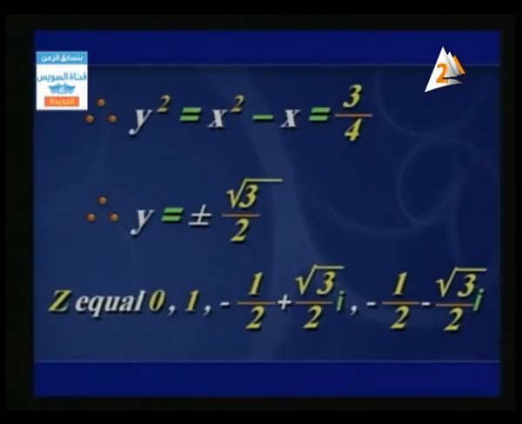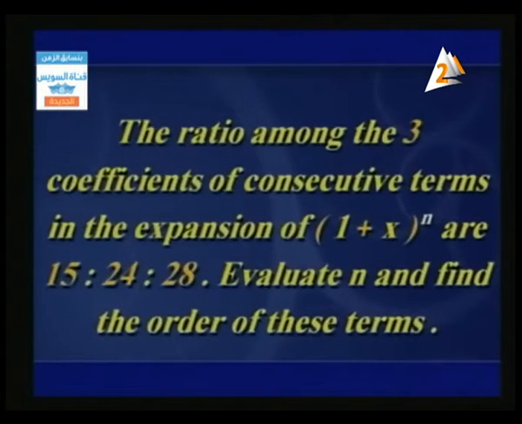Now, let's go to another example. The ratio among the three coefficients of consecutive terms in the expansion of (1 + x)ⁿ are 15 to 24 to 28. Evaluate n and find the order of these terms.